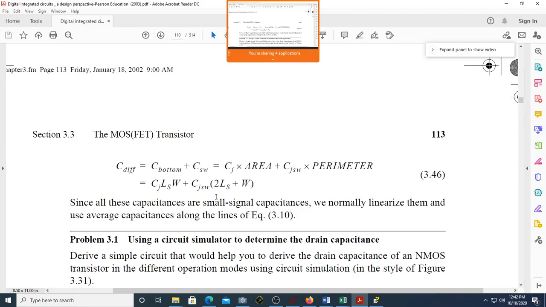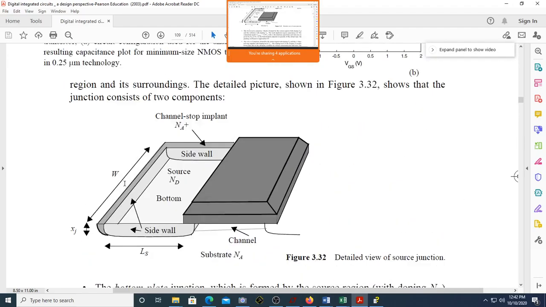Why is it 2Ls plus W into Cj SW? You can see there is no Xj. Why is the Xj not there? Now this Cj was junction capacitance per unit area, whereas Cj SW is junction capacitance per unit distance. Am I correct? Yes, sir. What is the other unit you are missing out here? The other unit missing out is this Xj.